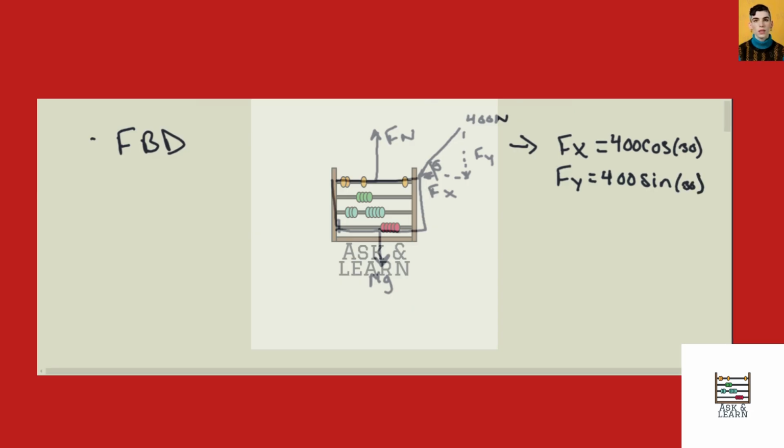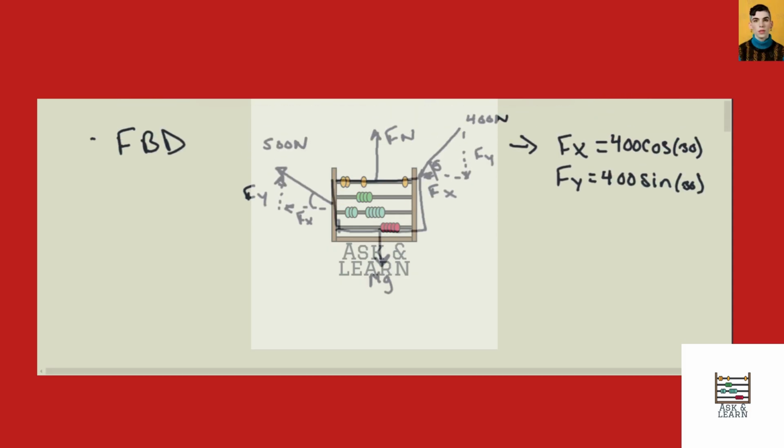Okay, now on the left side we have another triangle at a 45-degree angle, and of course we can break this down into components as well. So the motion's to the left, so we know that f of x for this triangle is to the left, and so the force in the y direction is pointing up. And of course this force is 500 newtons.